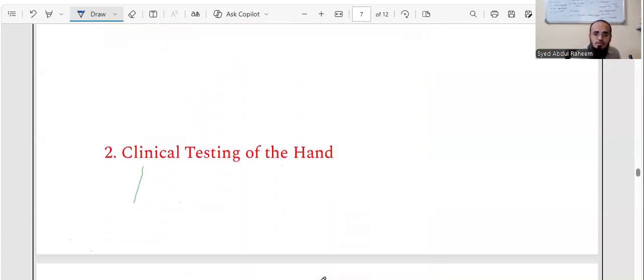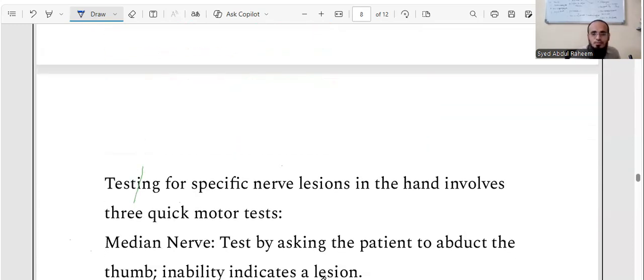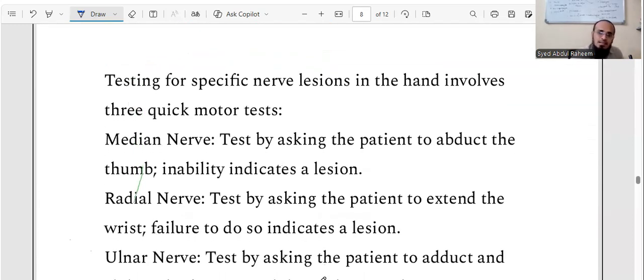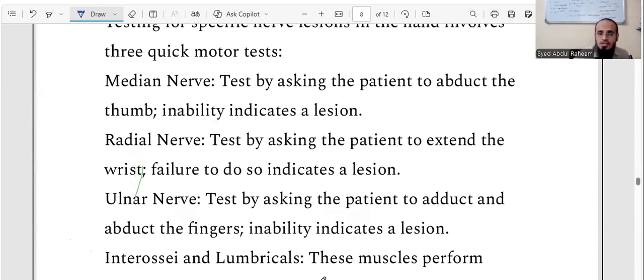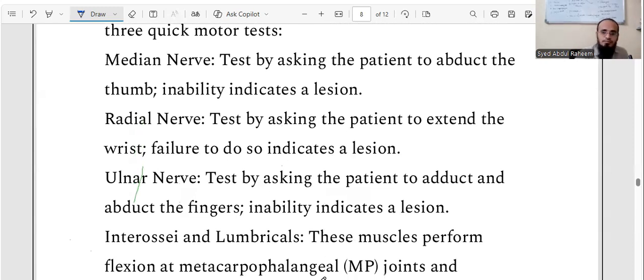These are the nerve names. We will not discuss them here because they relate to some other examination. There are three main important nerves coming into the upper limb: the median nerve, radial nerve, and ulnar nerve. If a patient has any issue with these nerves, you have to do a test by asking the patient to adduct the thumb.